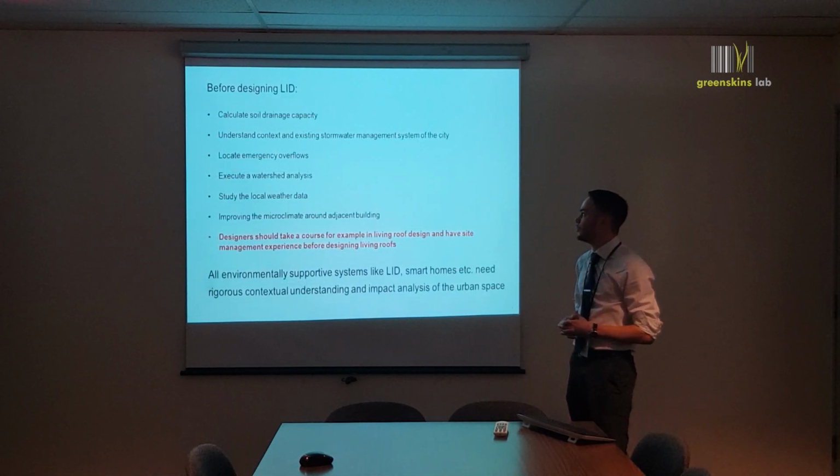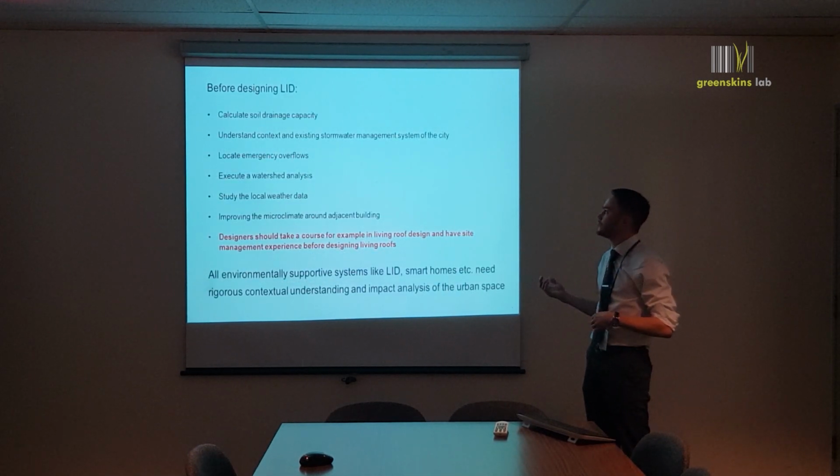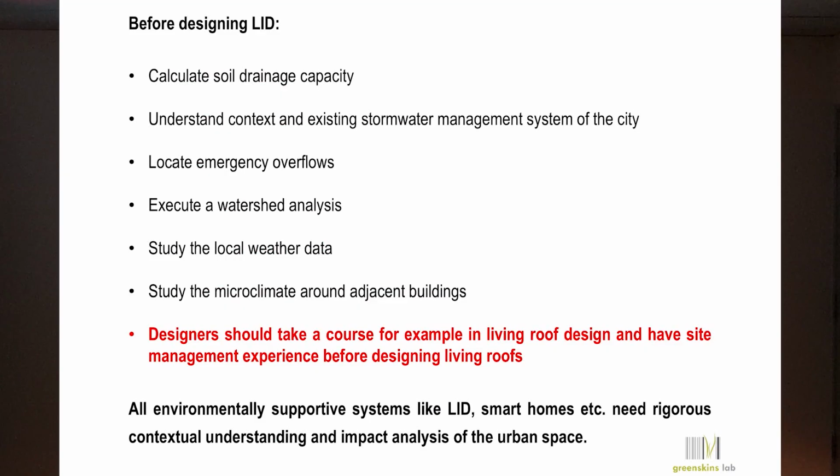And so before designing these systems, you need to look at the soil drainage capacity, whether that's the green roof itself for how quickly it's going to overload, or if it's actually for the LID system and trying to understand the current infiltration rate on that particular site.